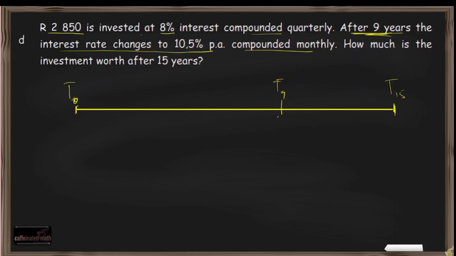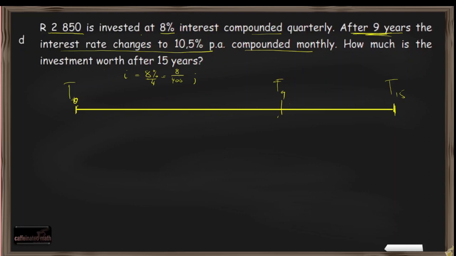For the first period, which runs from T0 to T9, we have an interest rate of 8% compounded quarterly, which means that needs to be divided by 4, and 8% is 8 divided by 100. If you use your calculator correctly, you'll get something like that.